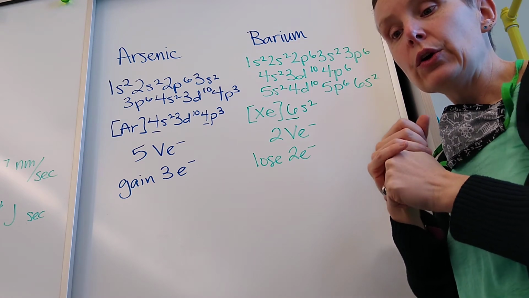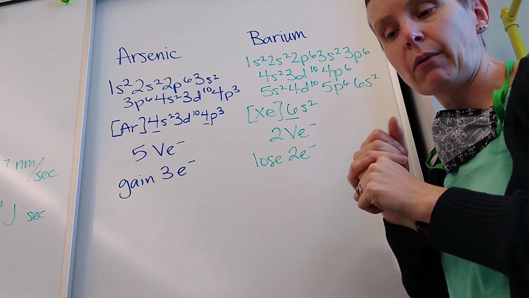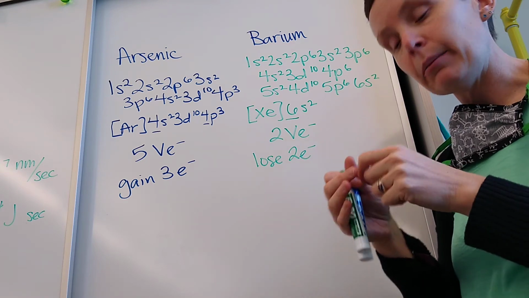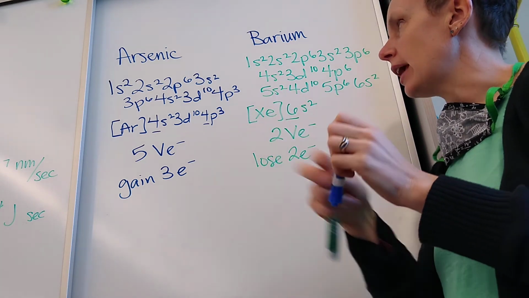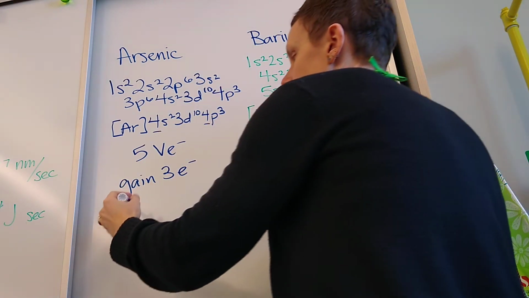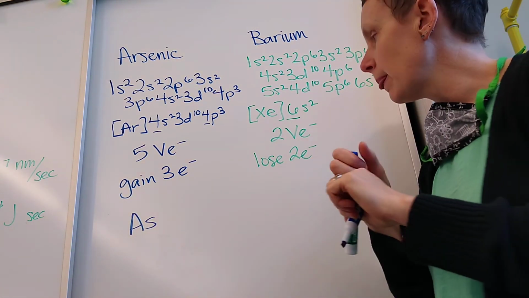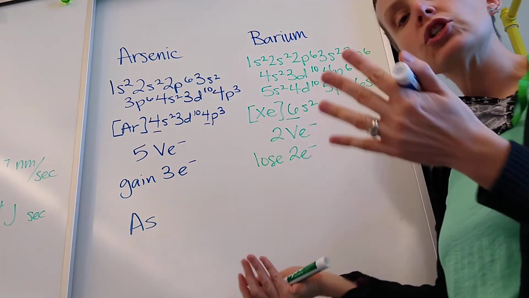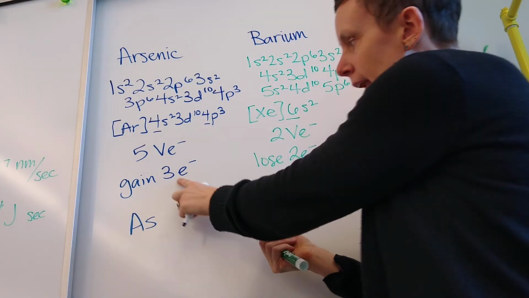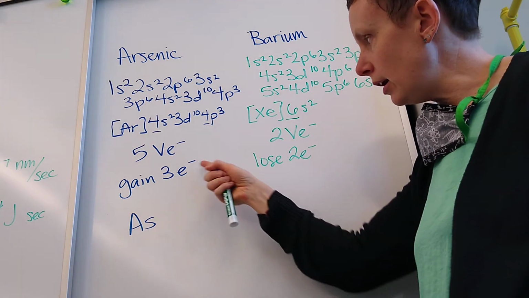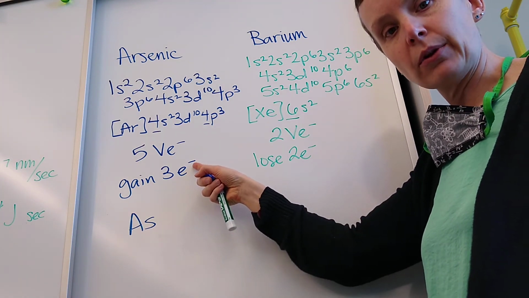All right, 4. Write the symbol and charge of the ion that will form when the electrons are gained or lost, and name the ion. Well, arsenic, its symbol is As. You automatically start with the symbol of the element. Then we have to think about what kind of charge it's going to have if it's gained 3 electrons. Well, electrons have a negative charge. That's why that's in their symbol, e negative.